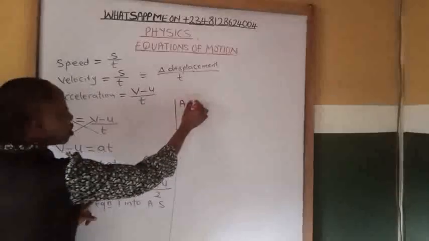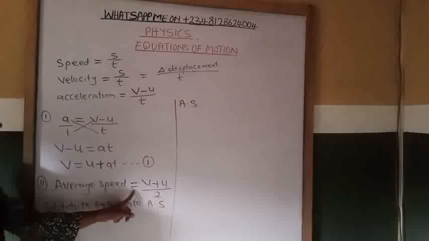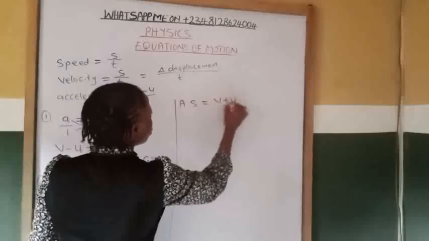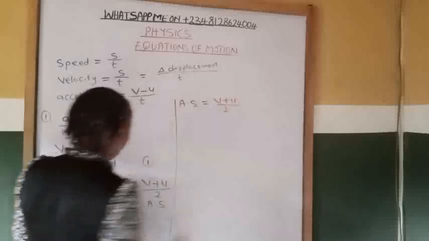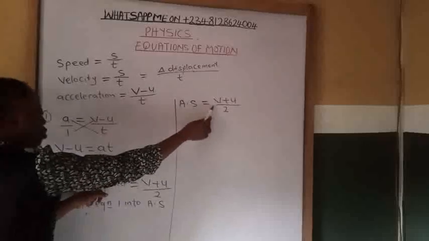I will replace average speed with a dot s, because I don't want to write it fully. So average speed is equal to v plus u over 2, and I want to substitute equation 1 into this formula.